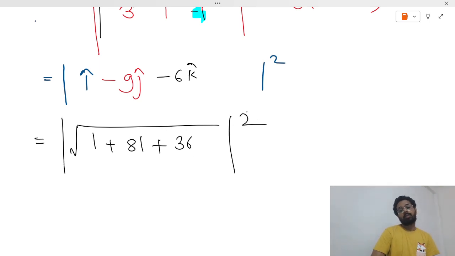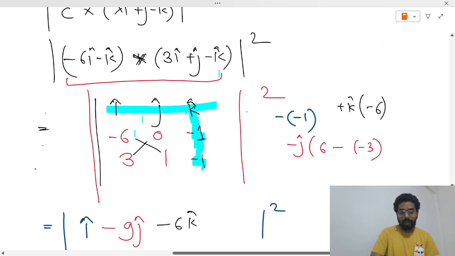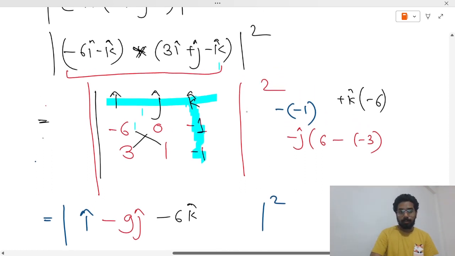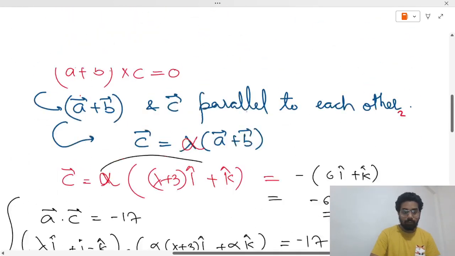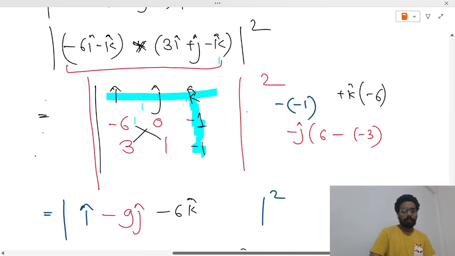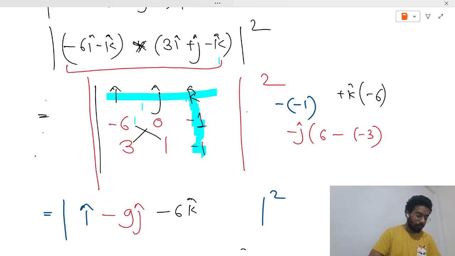All right. So just give me one moment. Let me cross verify if we have done any calculation error or not. Yes. Minus 1 here, minus 1 here. Let me just cross verify. Yeah, perfectly correct. You can just cross verify from your side if there is any calculation mistake. You can let me know in the chat box also. But I guess I have not done any calculation mistake. 6 minus of minus 3 is 9. Just let me cross verify for you. Okay.